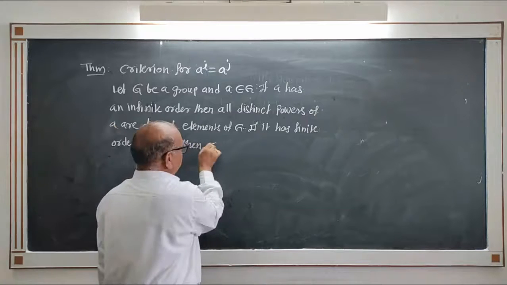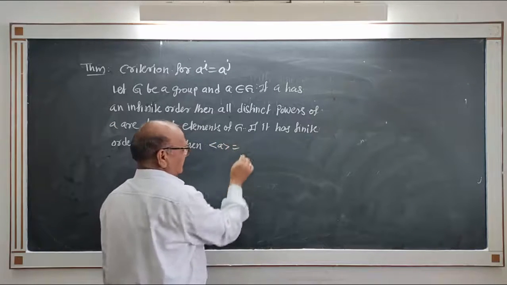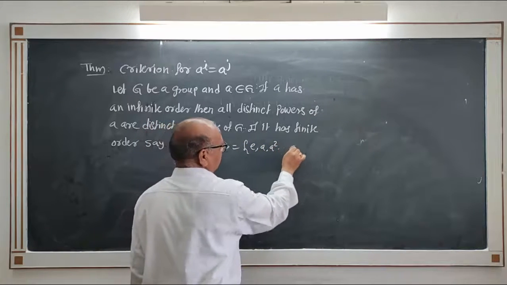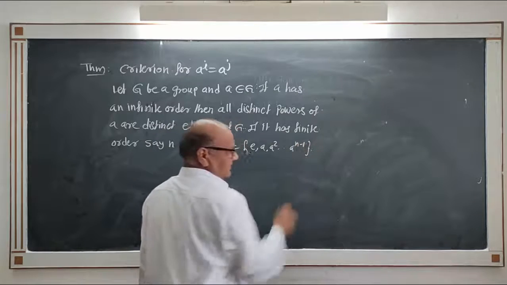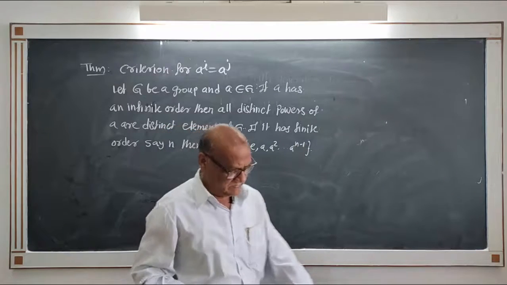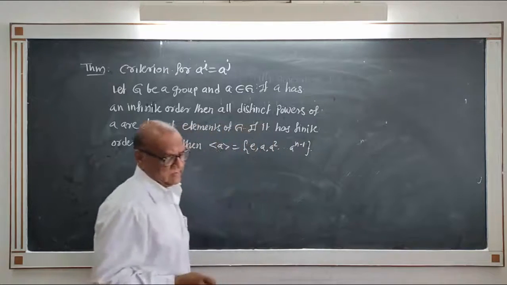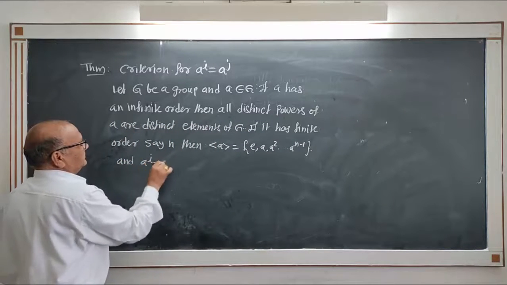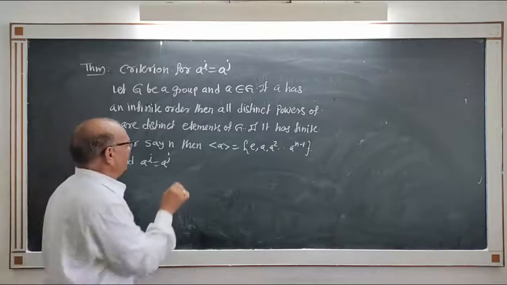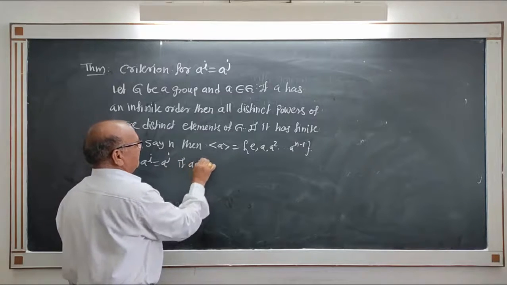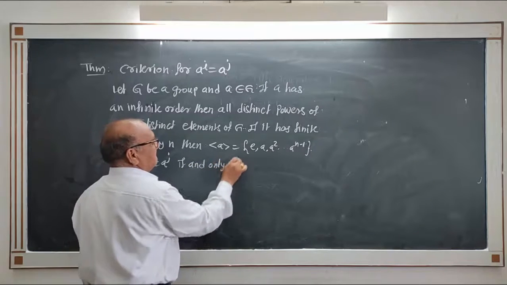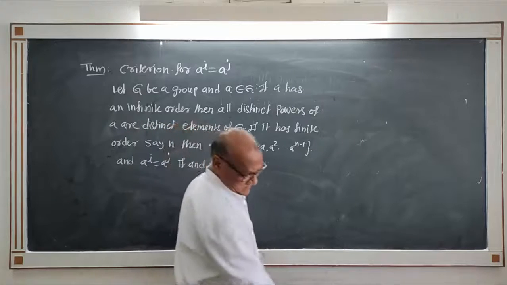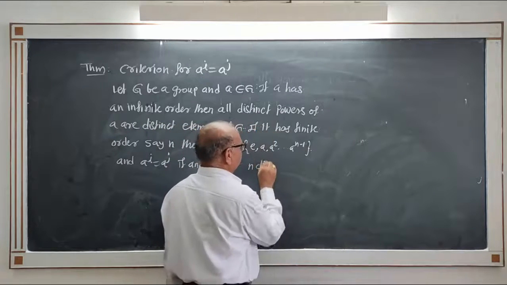the elements are e, a, a square and so on, up to a raised to n minus 1, and a raised to i is equal to a raised to j if and only if n divides i minus j.